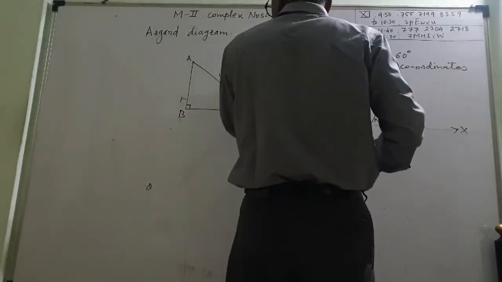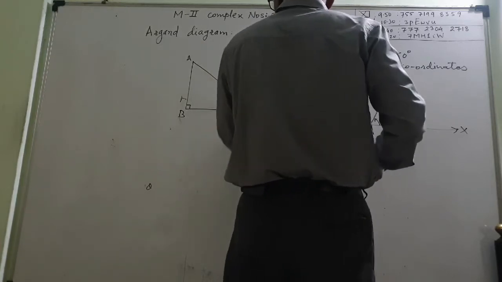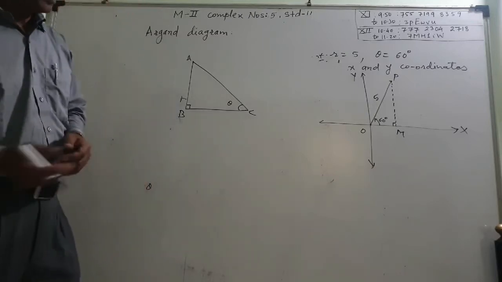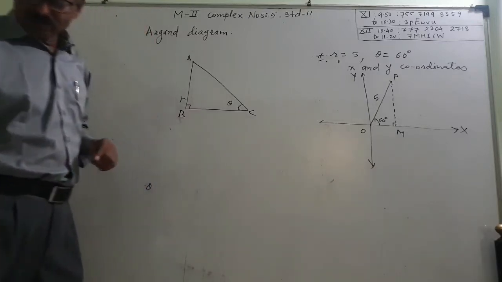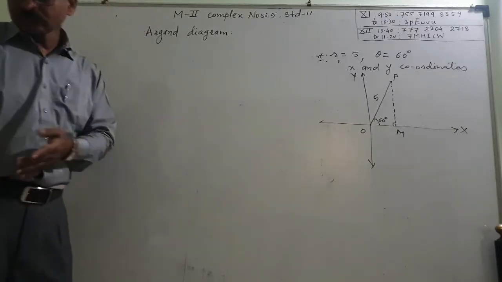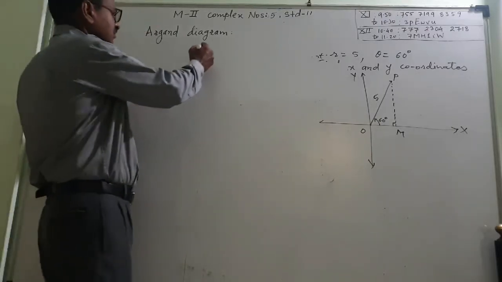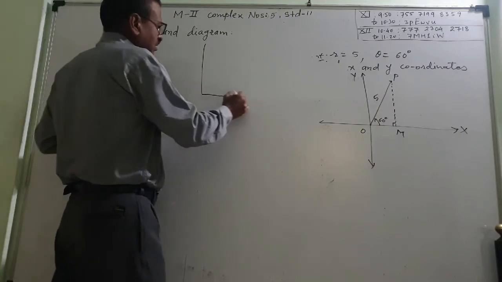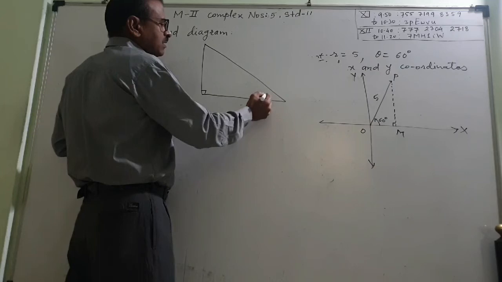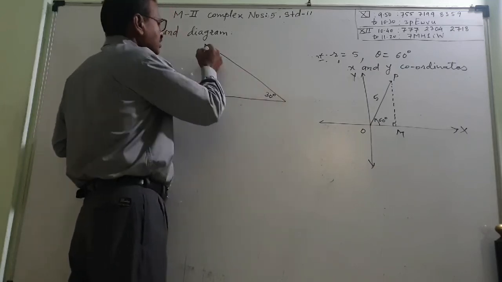That also is a trick. If you need to find that trick, if you don't know, then find that trick. I will give you two triangles. This is right angle. This is 30 degree. This is 60 degree.